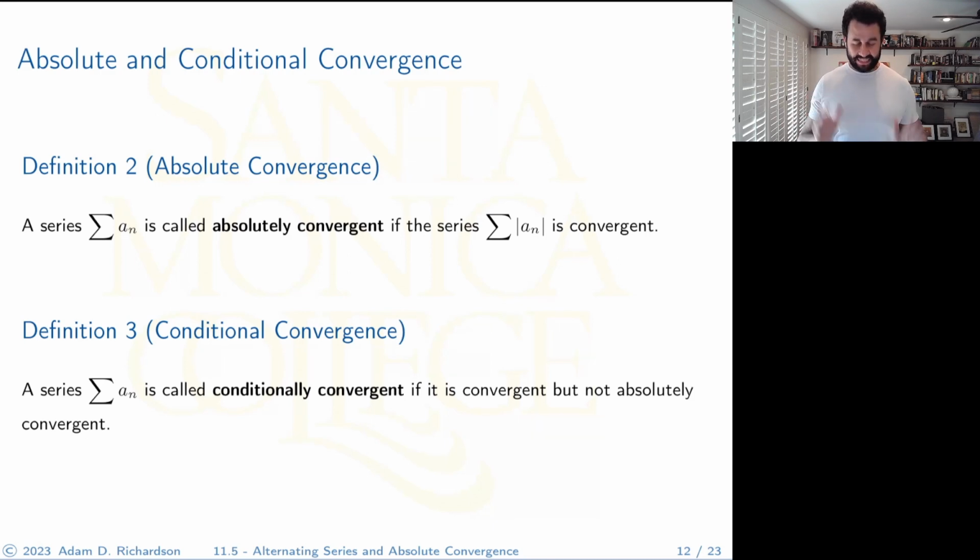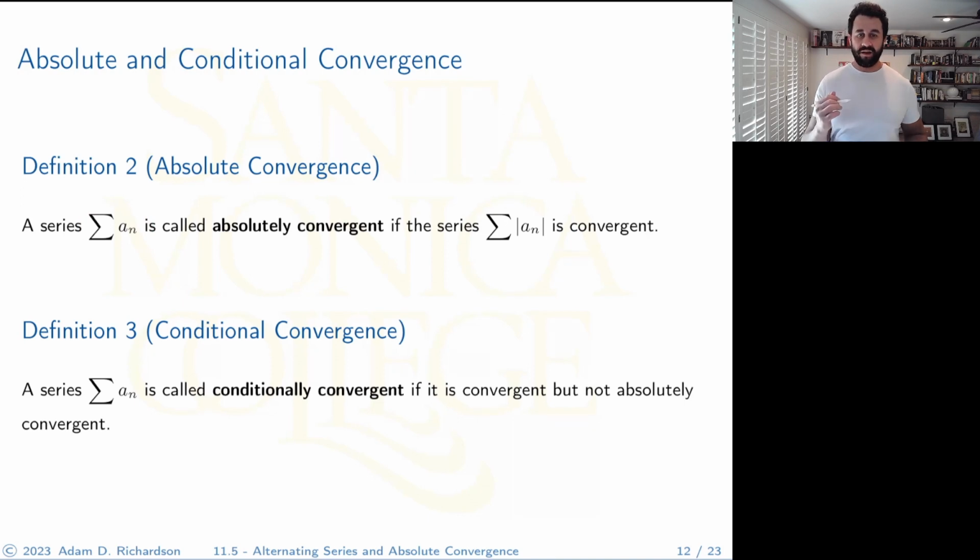So a series is called absolutely convergent if the series with the absolute value terms is convergent. In other words, if you've got a series of a sub n's and you instead look at the series where you take the absolute value of every single term, and you find that this series converges, then the original series is absolutely convergent.